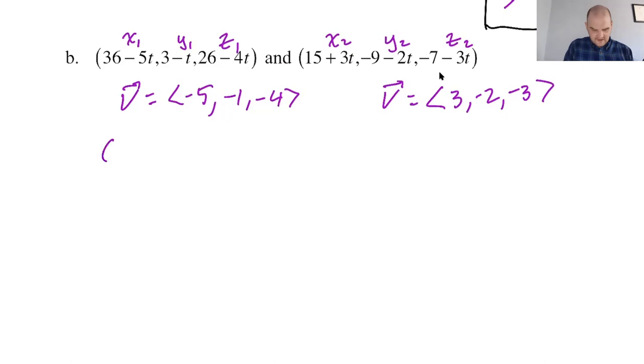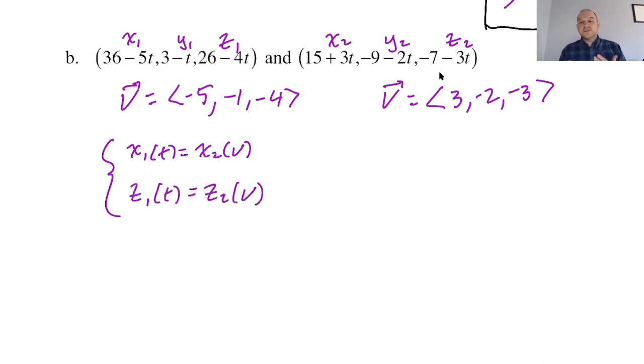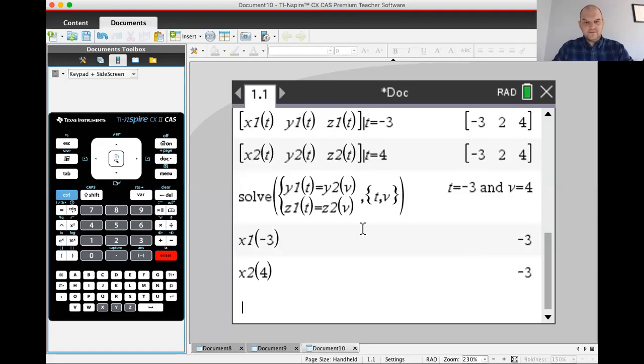So because you get to pick, I'm going to do x1 of t equals x2 of v, and then I'll do z1 of t equals z2 of v. All right, I'm going to use the calculator again because I'm trying not to spend 1,000 years on this. But you could just do it by hand. When you do it, it's not really that bad.